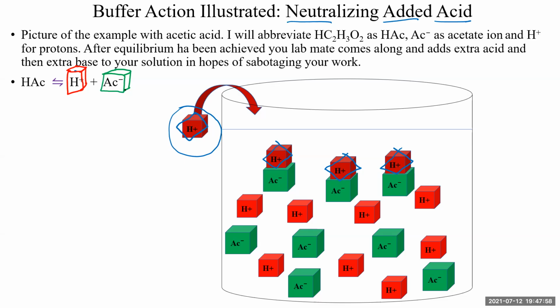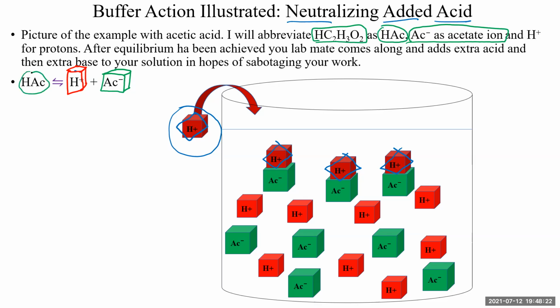And we have acetate ions in green boxes that were generated, again, as part of the buffering system. And this is acetic acid. The AC minus here stands for acetate ion. I didn't want to keep drawing acetate ion, C2H3O2, so I just drew it as AC minus. Acetic acid is the whole thing. I'm going to designate that as HAC.